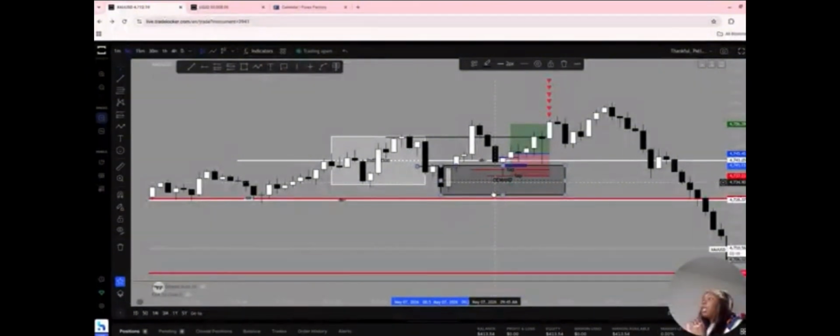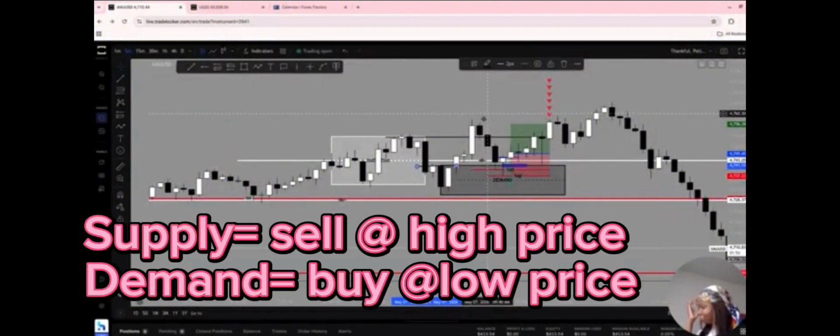So you are selling it and people are buying. So that's why it's a demand, because it's in high demand, and you want to buy when it's in high demand. And then for supply, it's usually when you are selling, because you want to supply what everybody want. You feel what I'm saying? I hope that makes sense, y'all.